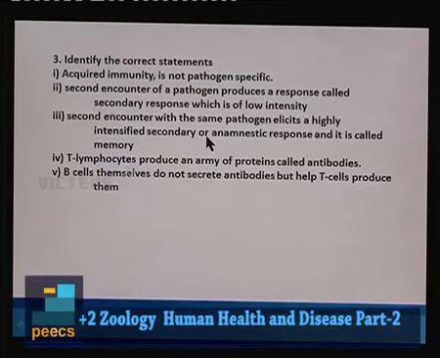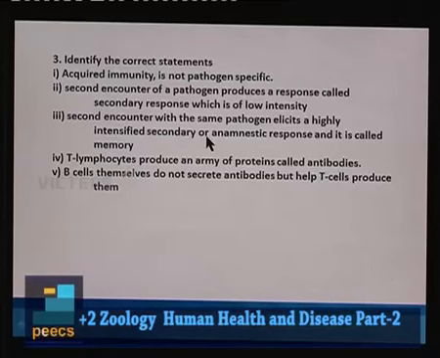Second encounter with the same pathogen elicits a highly intensified secondary or anamnestic response and it is called memory. Yes. So, memory is because of the ability to identify that particular antigen that has already entered into the immune system. So, this is a true statement.